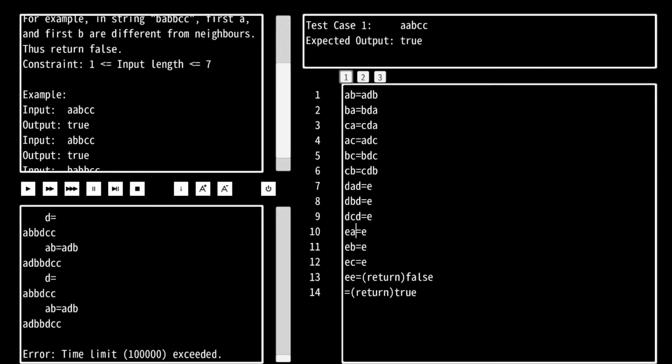Because all of this only matters if there actually is an E. That's the only time I need to actually reduce down. And this will just delete everything to the right of an E. So if there's two E's, they're bound to meet up at some point. Yeah, that makes sense.